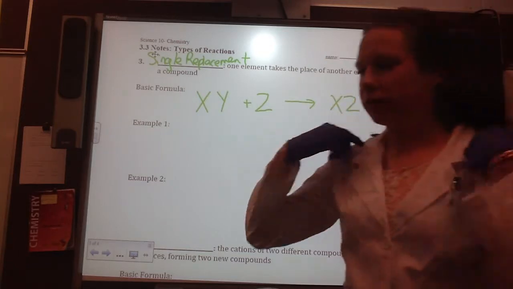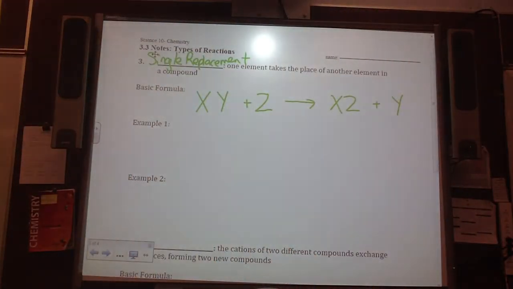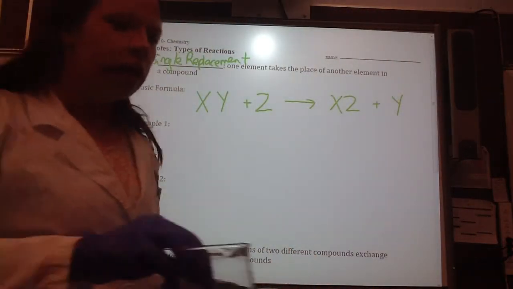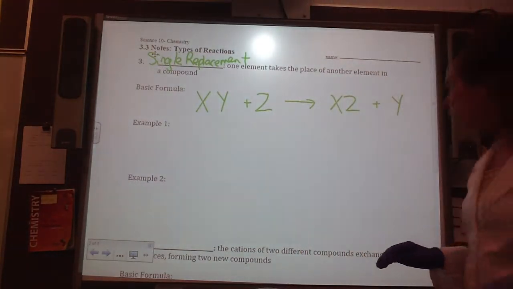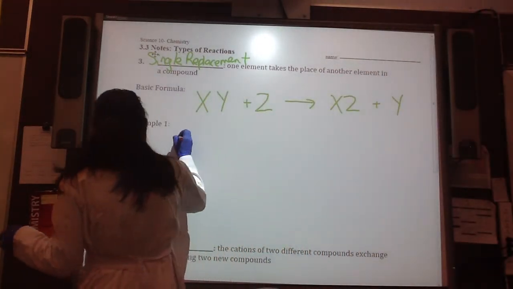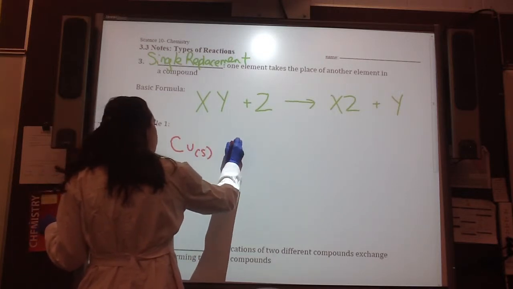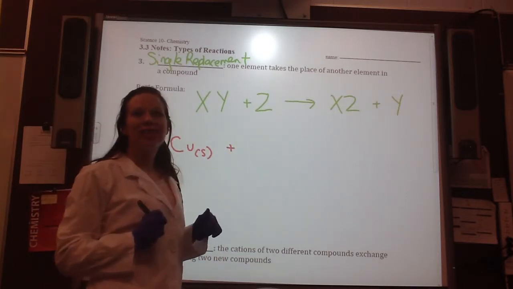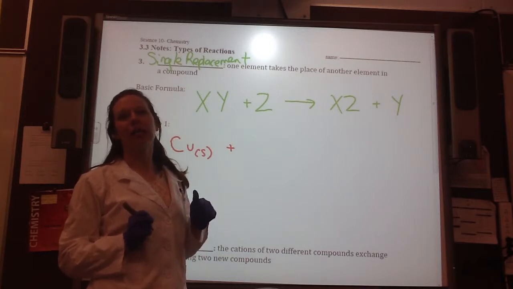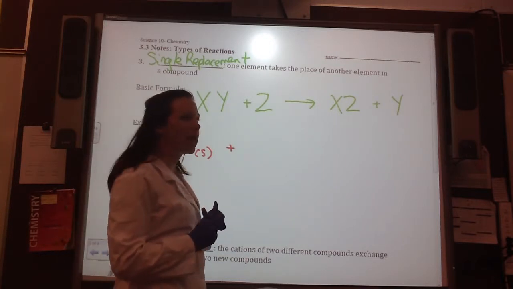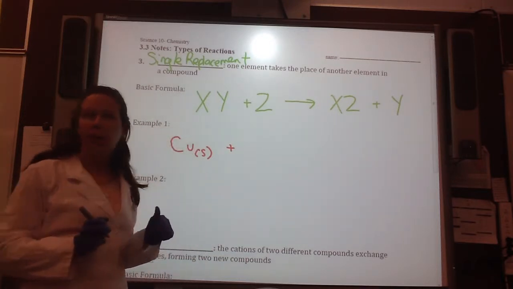So an example of this is, say we have copper. So we have copper solid. And we add it to silver nitrate. So silver is Ag plus and nitrate is NO3 minus.